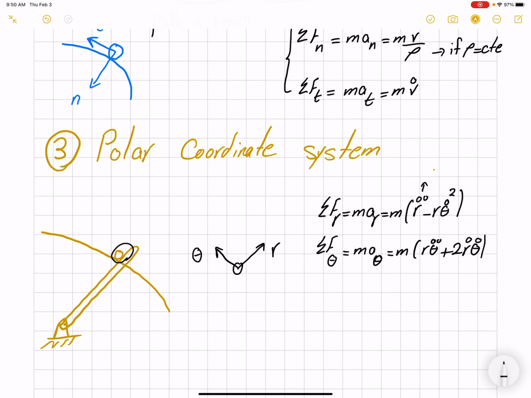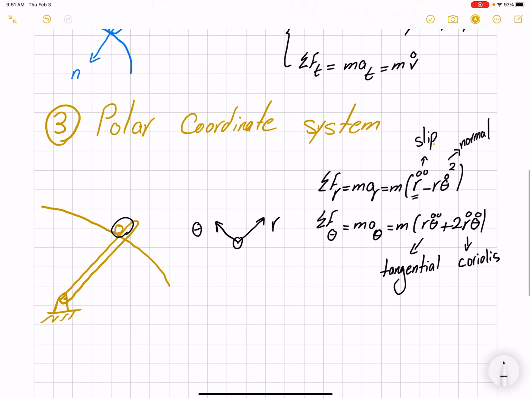So we named each of them. That was the slip part of acceleration when we have an acceleration in the direction of r. Here was the normal component. Here is the tangential component. So this normal and tangential component are the same as the normal and tangential component in the previous coordinate system. So this coordinate system has additional acceleration if r is changing, because here we have r double dot that indicates that r is changing, and here r dot theta dot, that's Coriolis acceleration.